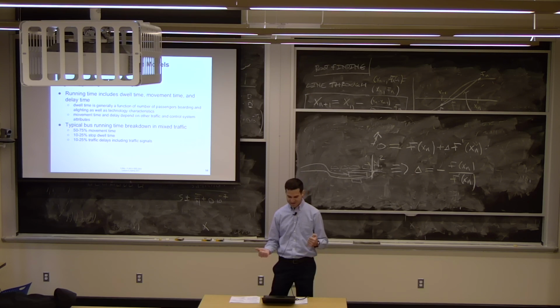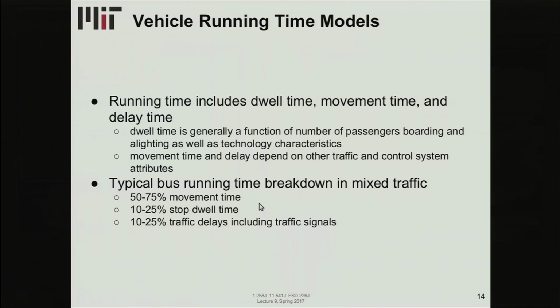Can an agency usually diminish traffic or do something about traffic signals? There are some things you can do, but usually not. It's harder. And movement time has to do with traffic and speed limits and the vehicle itself and driver behavior, so that's harder to change. So dwell times are probably the one thing here that an agency could target.